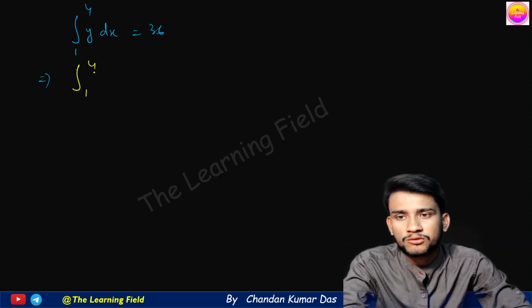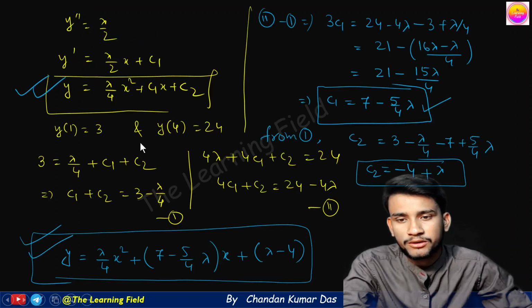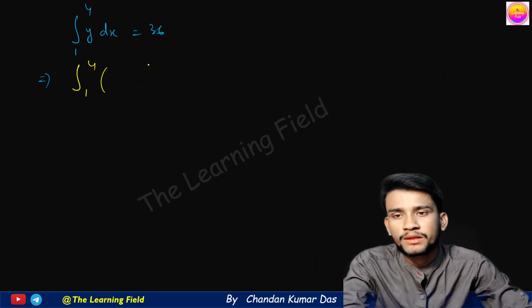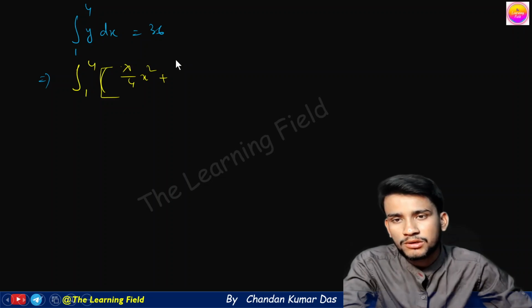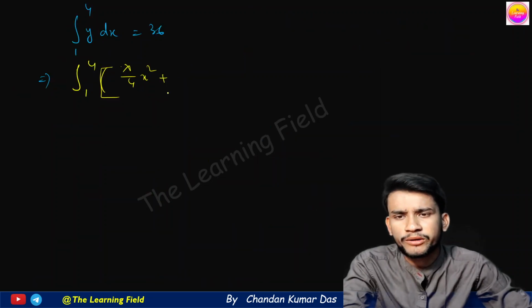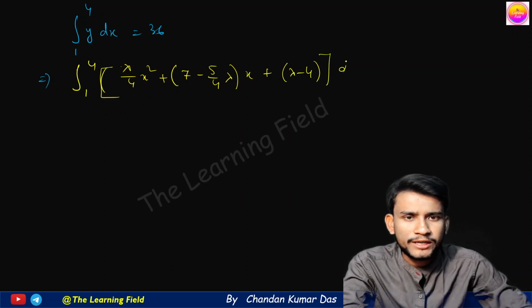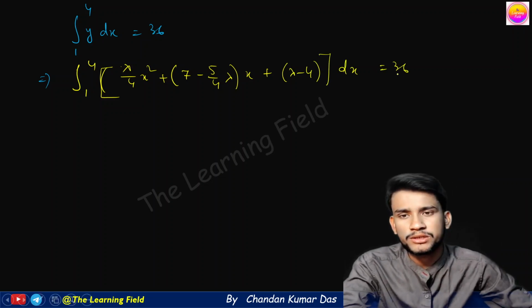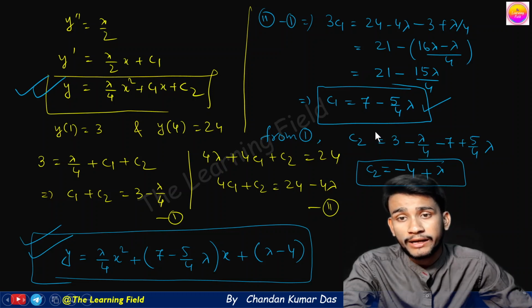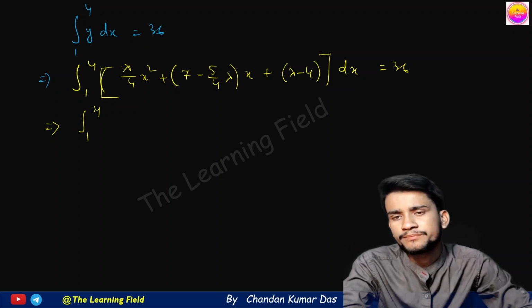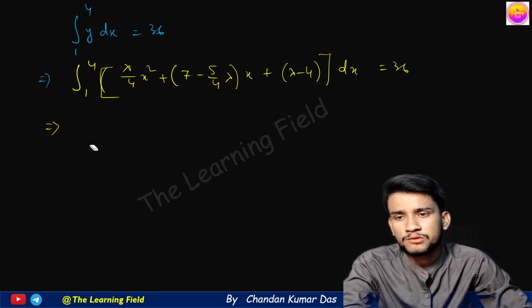So integration from 1 to 4 of lambda by 4 x square plus 7 minus 5 by 4 lambda into x plus lambda minus 4, dx, is equal to 36. Now we integrate this to get the value of lambda. So this implies integration from 1 to 4, now integrate directly.